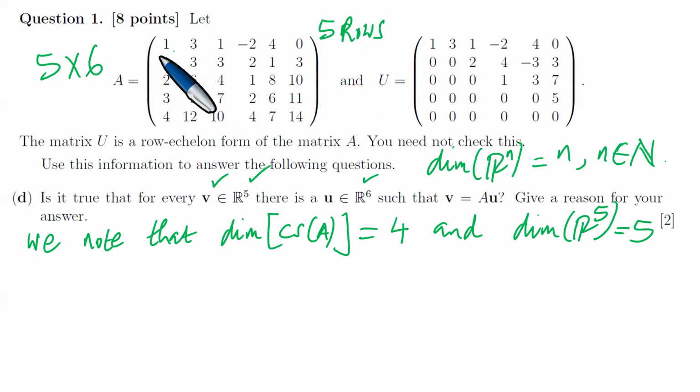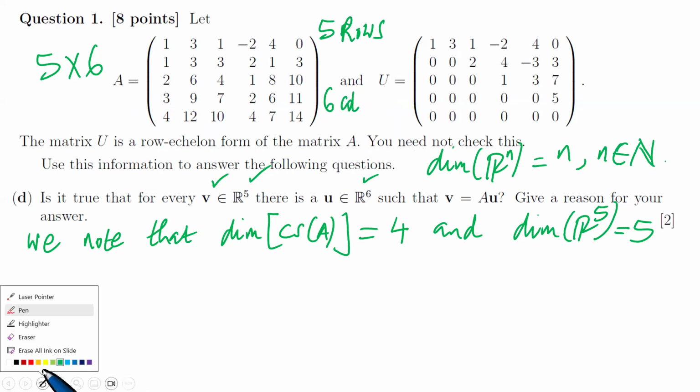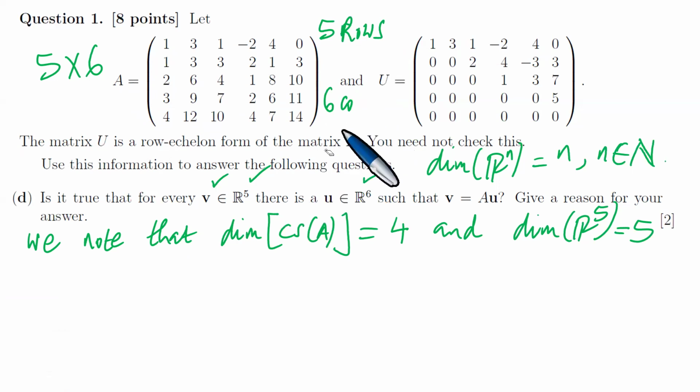So the matrix A has 5 rows and 6 columns. And obviously the same applies to the matrix U as well. It is of the size that is given. So we note that the dimension of the column space of A is actually 4.